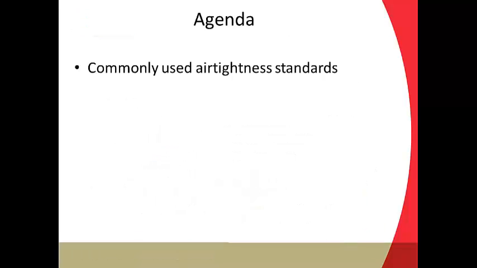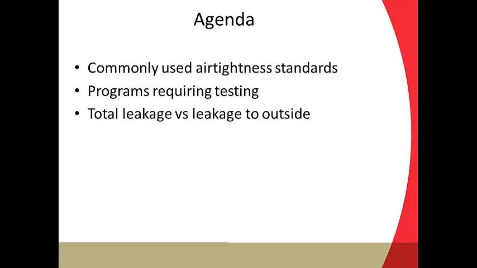So our agenda today, we're going to start out with commonly used airtightness standards, and then we'll move on to programs requiring testing. Where's the demand out there? Total leakage versus leakage to outside, and this is also referred to as unguarded and guarded testing. We're going to talk about preparing for the test. So that includes setting up the building for the test, so you're able to do the test in a repeatable way.